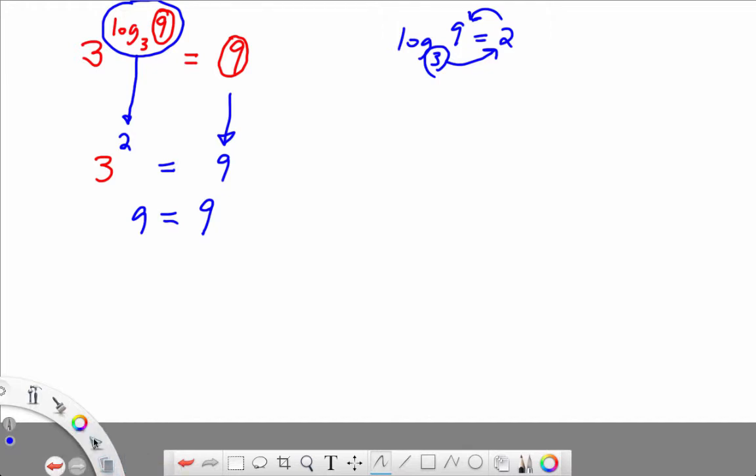Now, let's move on to some other properties. Log base b of x times y equals log base b of x plus log base b of y. This is very important. If you go from left to right, it's called expansion.